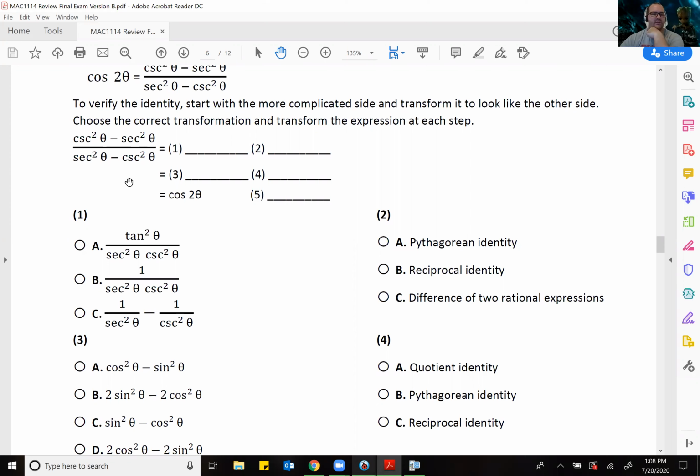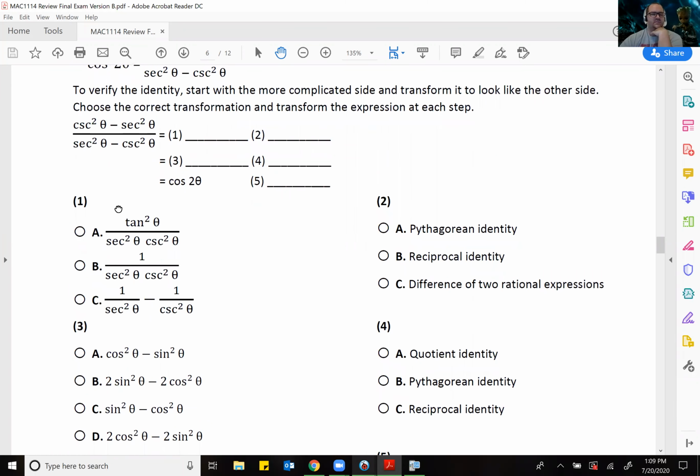One thing we could do is separate these out into two fractions. But they put a 1 on top, so that doesn't make any sense. They changed this to a 1 up here. Maybe. Just thinking through some things here.